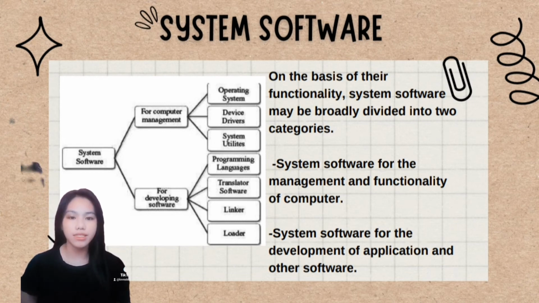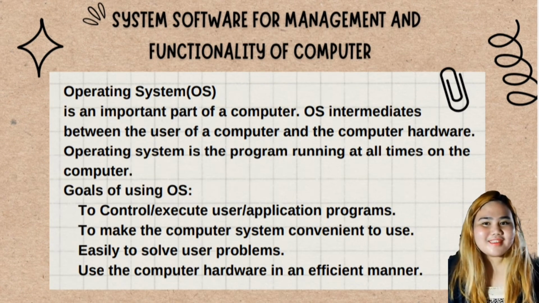It offers assistance for numerous services that the application software requests. The system software for managing a computer and its resources consists of the operating system, device drivers, and system utility software.